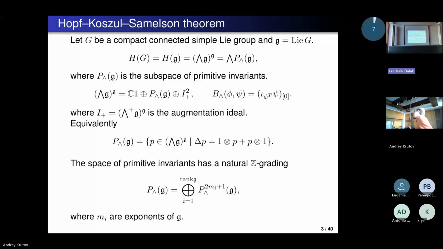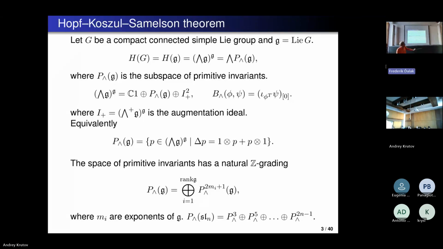So first, there is an equivalent formulation in terms of Hopf algebras, because the space of primitive elements has a natural grading. You just look at the degrees, and these degrees are all odd. Moreover, the content of the theorem tells you that the number of these m_i is exactly the rank of your Lie algebra.